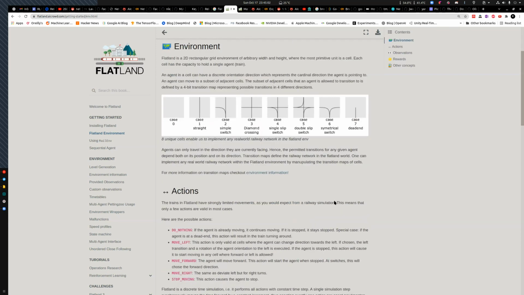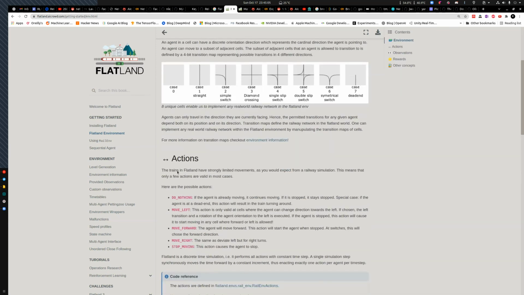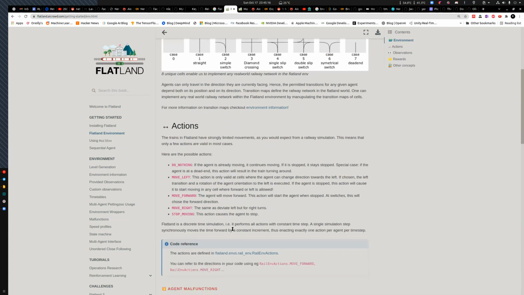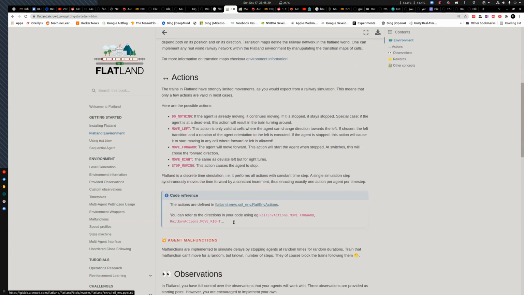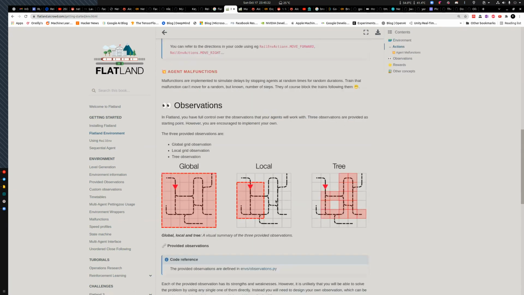And the actions are these: do nothing, left, forward, right, and stop moving. By default, it's moving all the time. These are the observations that we get.